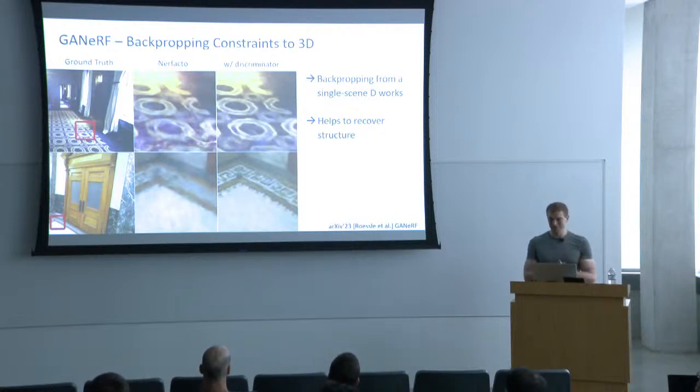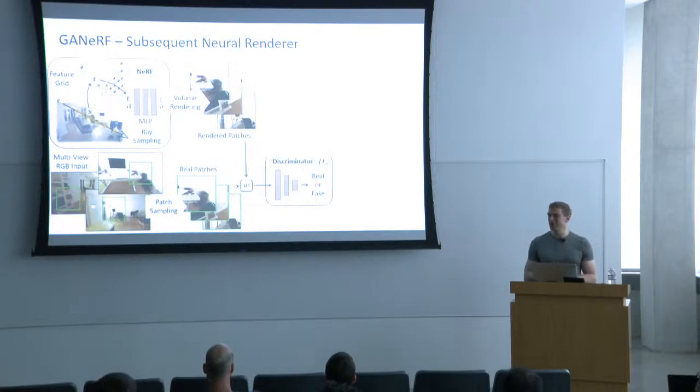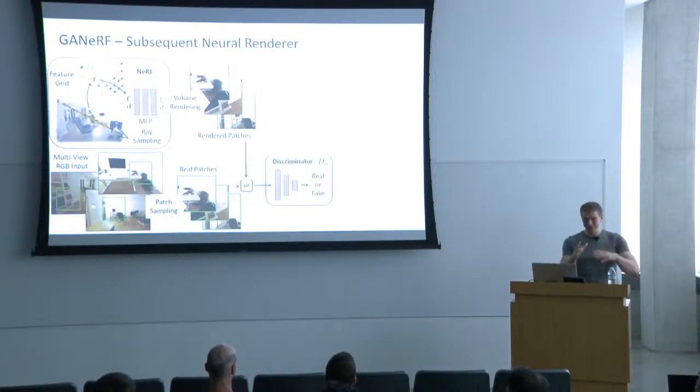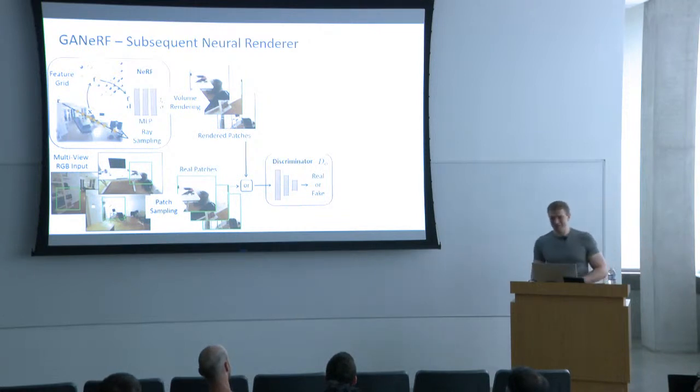And then we thought, why don't we try to make sure we fix local features? The way we do it, we just have a neural renderer on top of it. So the discriminator backpropagates to fix the 3D structures to the best of its ability, and then we're adding another generator and discriminator on top of it afterwards. It's again trained on a single scene, and it's a multi-scale discriminator.